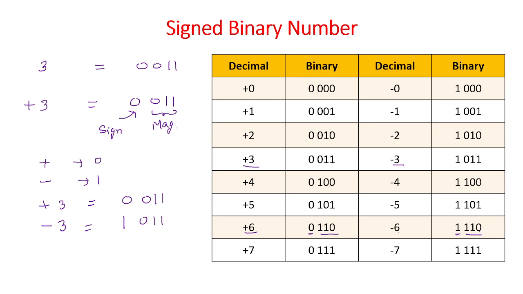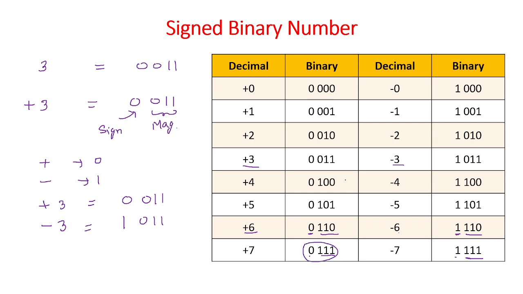In a similar way, triple 1 is 7 and 0 is positive, and here triple 1 is 7 and 1 is negative. So this indicates minus 7 and this number indicates plus 7.